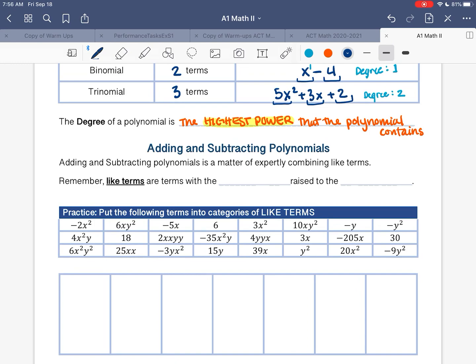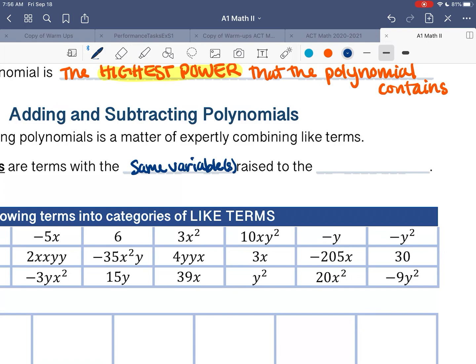Like terms are terms with the same variable, and if they have more than one variable, they have to have all of the same variables, possibly raised to the same powers. The number in front doesn't matter. What we need is the same variables raised to the same power.